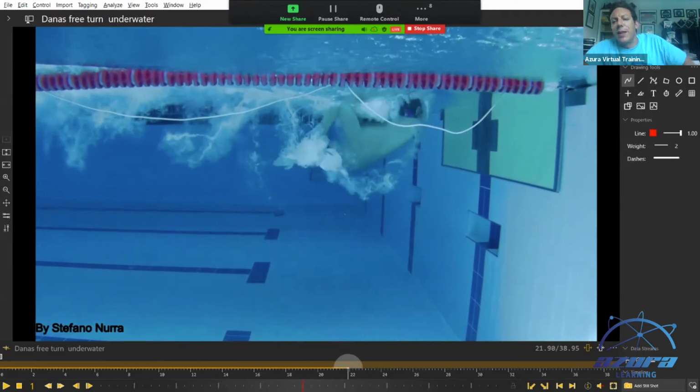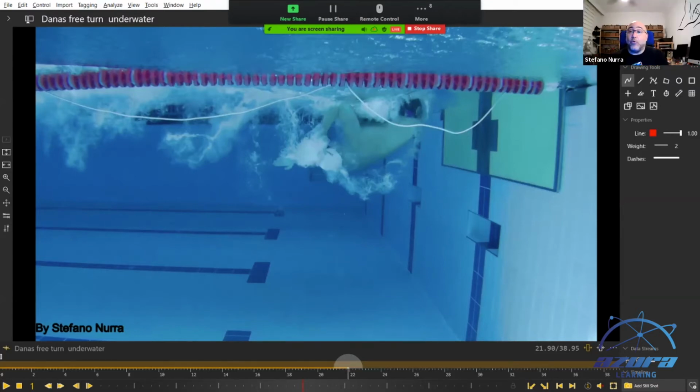Then Orlando is asking, this is a nice question, do you think that many swimmers decrease the speed when they get to the wall because they are afraid of the wall? Yes, this is really good, and this is a very interesting point of view. A lot of swimmers are afraid of the wall. Really. Because when they are really young, it's understandable, because our sport is in the water.